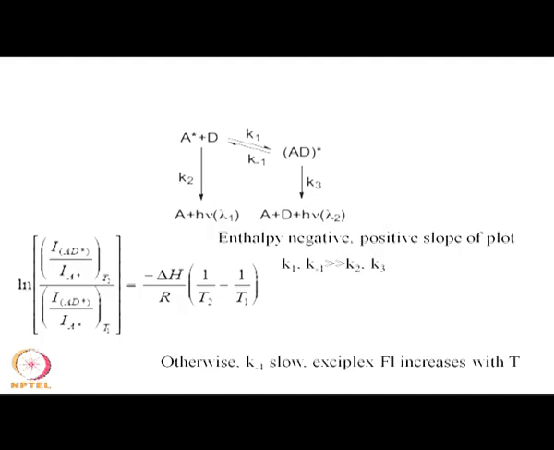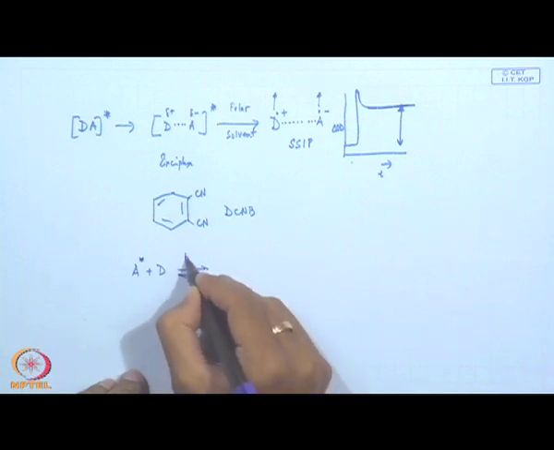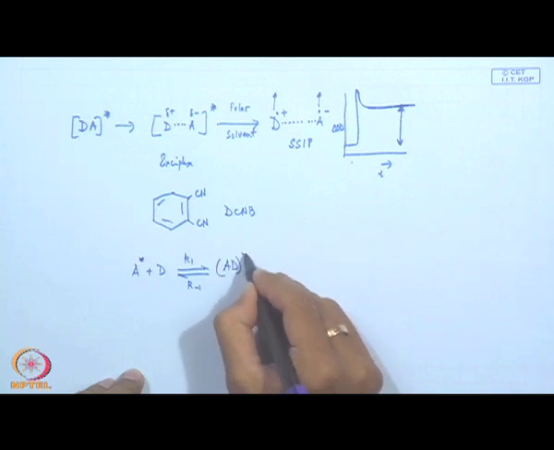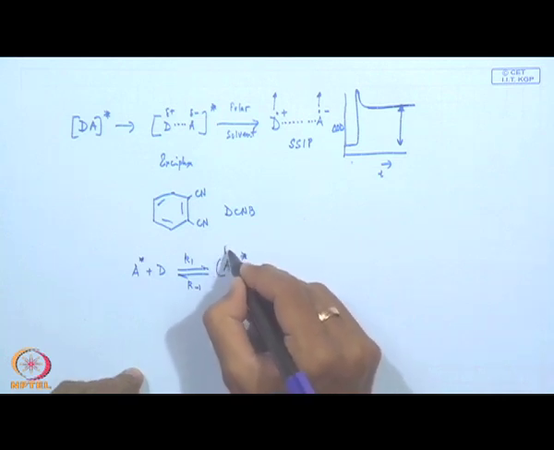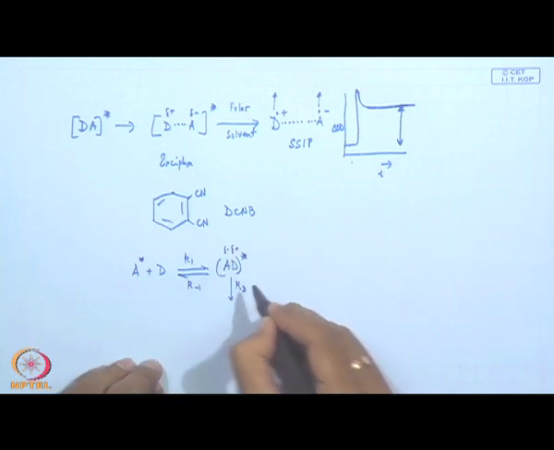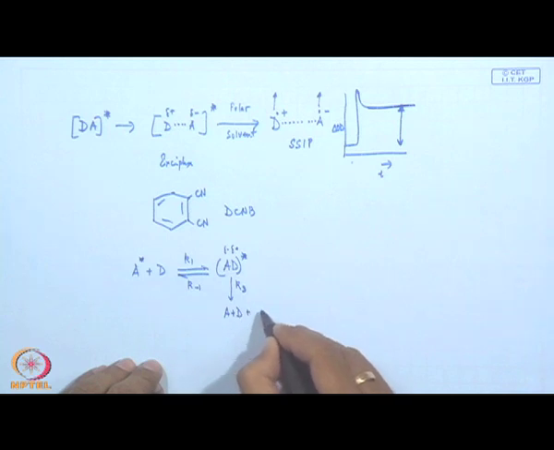So, this is a typical kinetic scheme for exciplex formation. This is your K1, this is K minus 1, AD star, of course there is a definitive delta minus, delta plus character, then K3, giving rise to A plus D plus h nu at lambda 2.